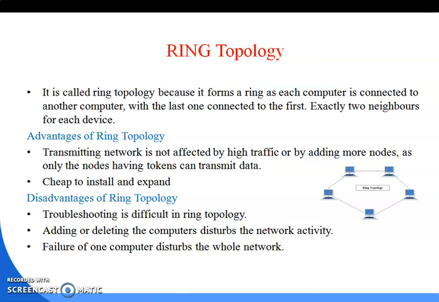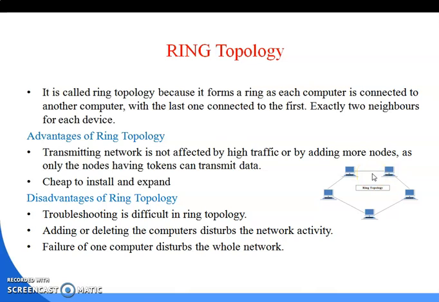So in the ring topology, every system maintains a token. That means every system generates a token. Suppose this system wants to transmit data, it uses a token, right? And you can communicate all the information only through that token.